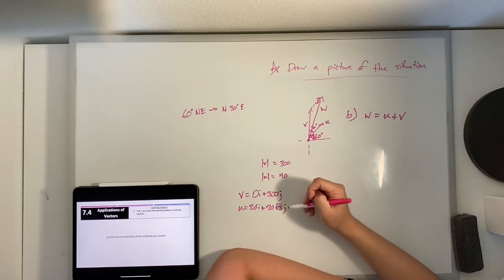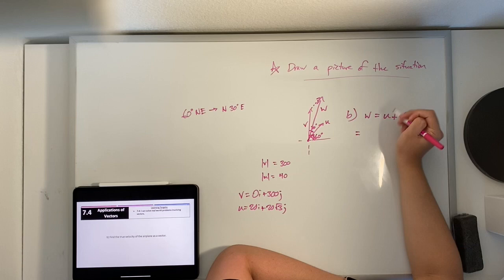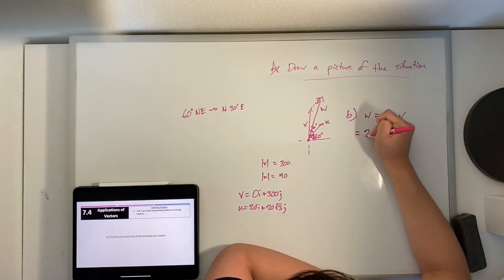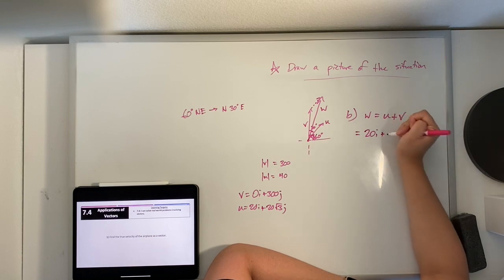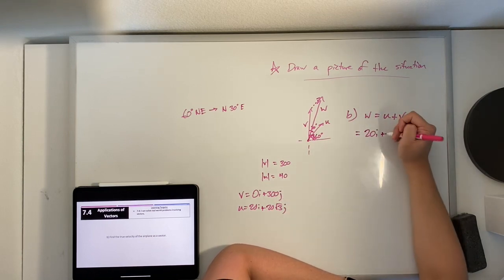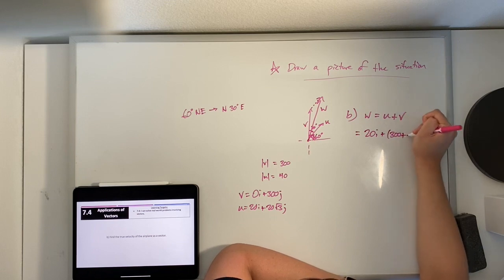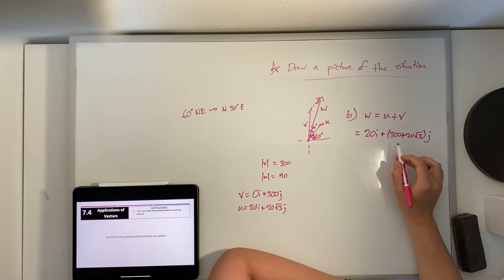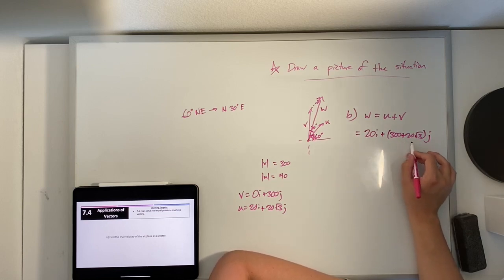And we have u and v. So we have 0i plus 20i is 20i. And we have 300j plus 20 square root of 3j is (300 plus 20 square root of 3)j. Please, please, please, this is not 320 times the square root of 3.